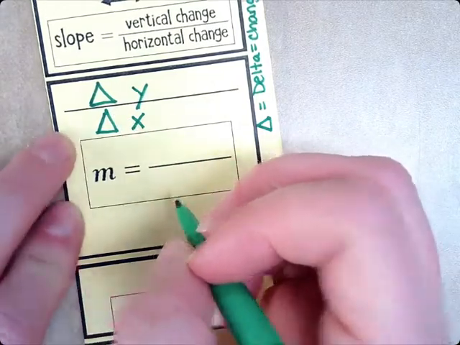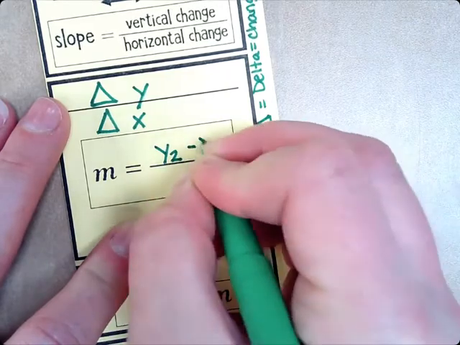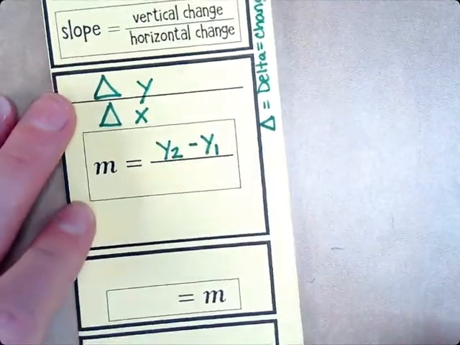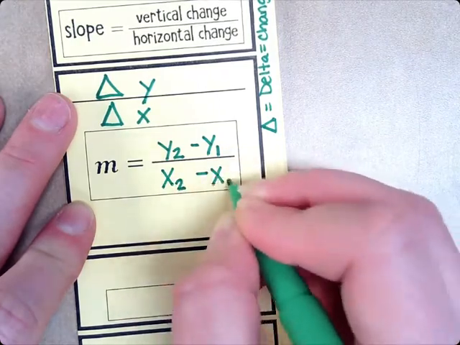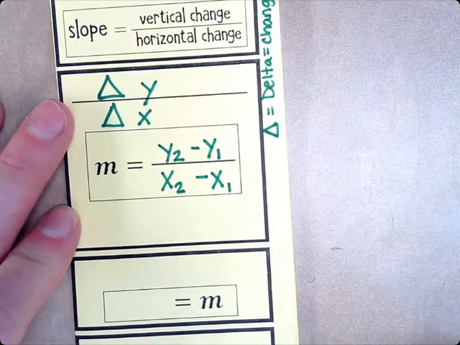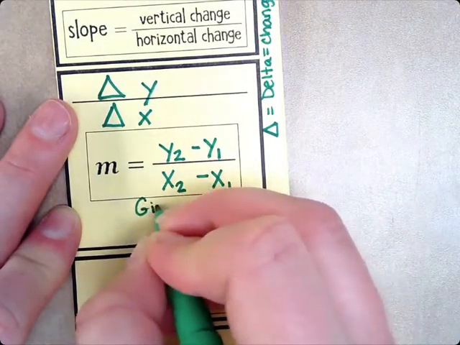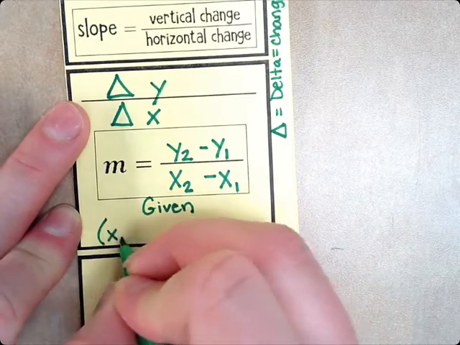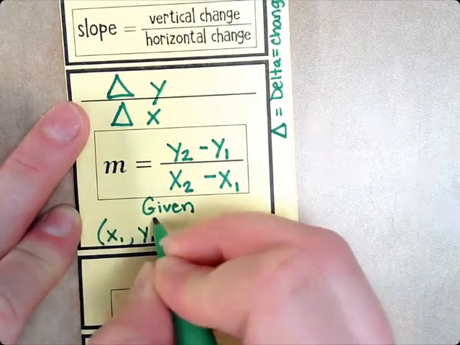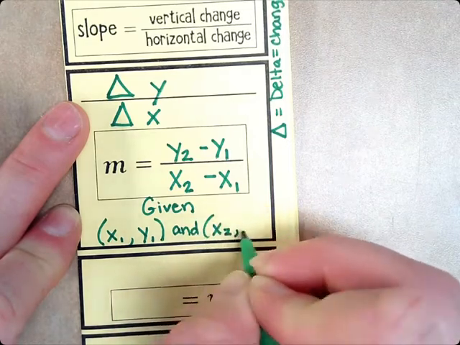And then for 2 points, we're going to use the formula y2 minus y1 over x2 minus x1, given 2 points, x1, y1, and x2, y2.